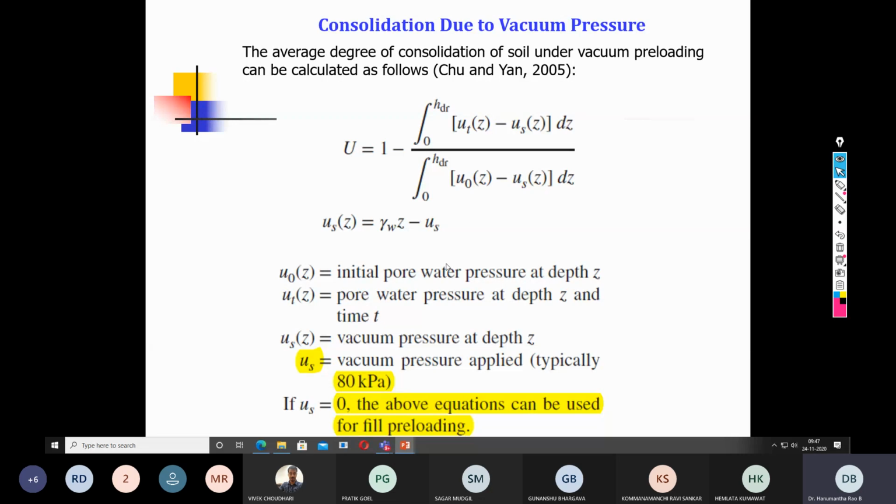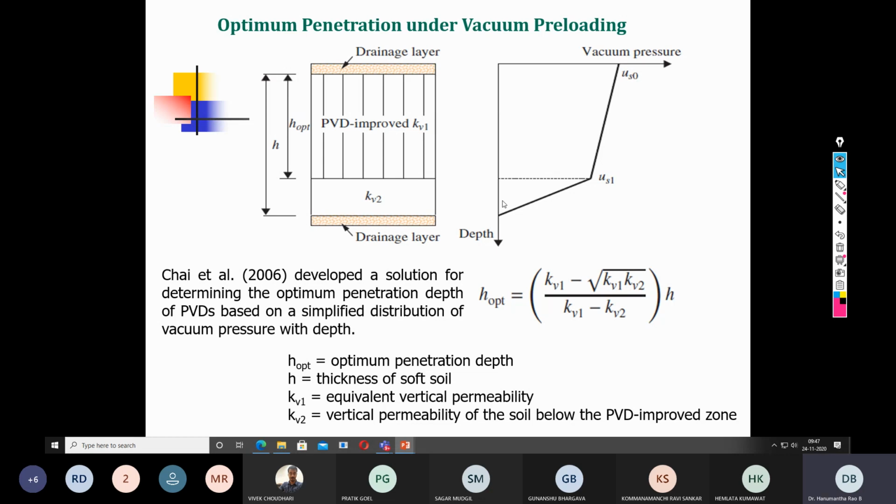This is the governing equation for vacuum consolidation, given by Chu and Yan 2005, to calculate the average degree of consolidation. Now some fundamentals about how to understand optimum penetration under vacuum preloading. Suppose you are applying it, there could be formation of some zone of influence. So this is a drainage.